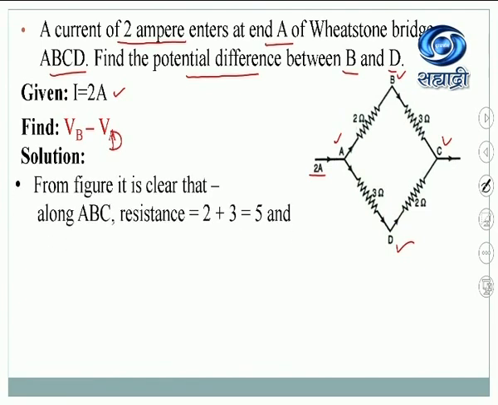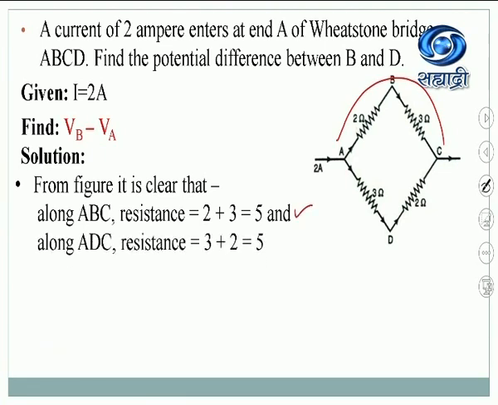Now see here. From the figure, it is clear that along ABC, what is the resistance? 2 plus 3, that is 5 ohm. Along ADC, what is the resistance? 3 plus 2, that is again 5 ohm.